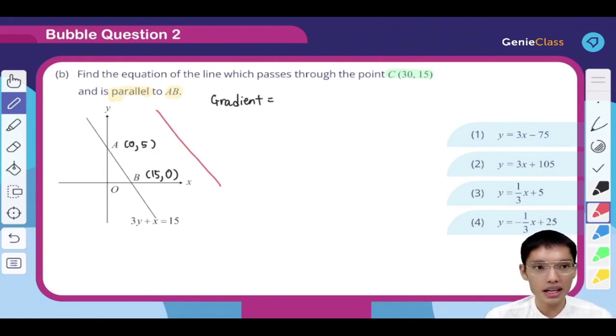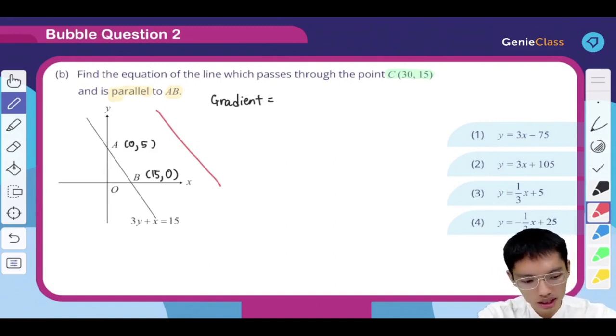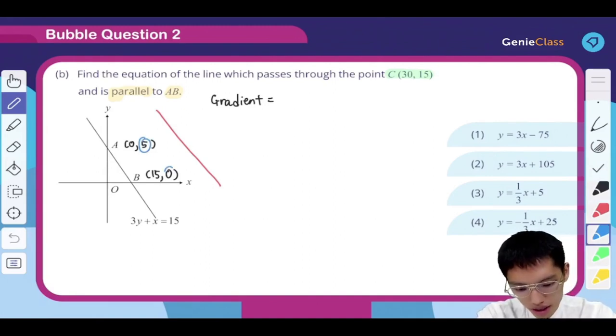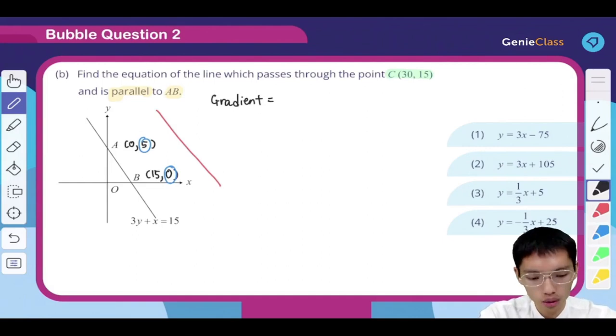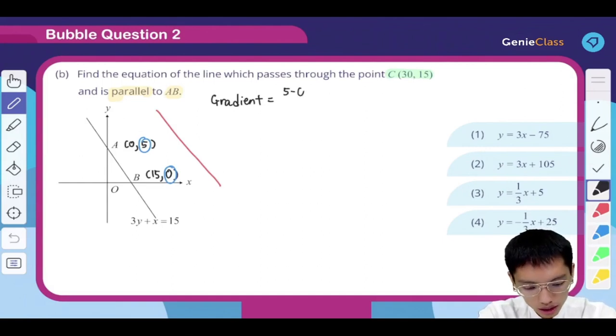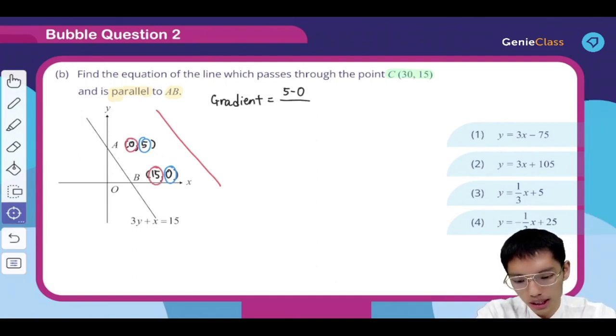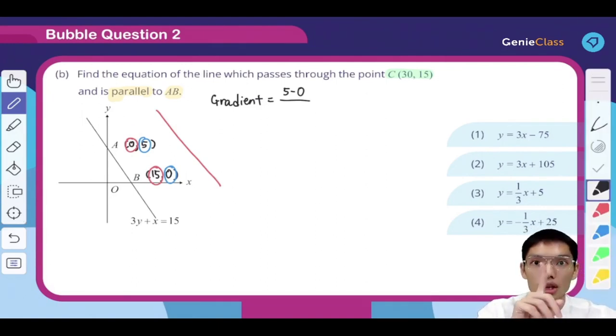So if I were to calculate the gradient of this, that's where you'll fall into the trap. 5 and 0 should be the y coordinates, so at the numerator, the other side is 0 minus 15. Take note, the corresponding values in the same bracket should fall in the same column.